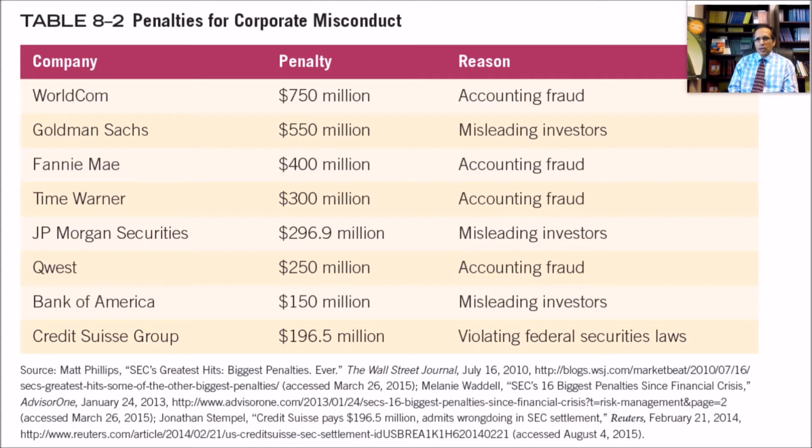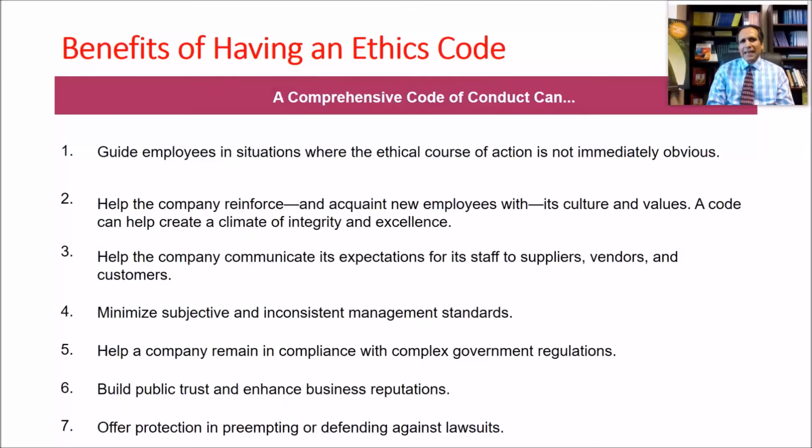So your job as ethics officers and as consultants is to create ethics programs that prevent misconduct in the first place, so it does not happen, because even if it's not discovered by the government, chances are some employees, some customers, some vendors are hurt by your decision or the decisions of those individuals who are involved in unethical and misconduct behaviors. What are some of the benefits of having an ethics code?